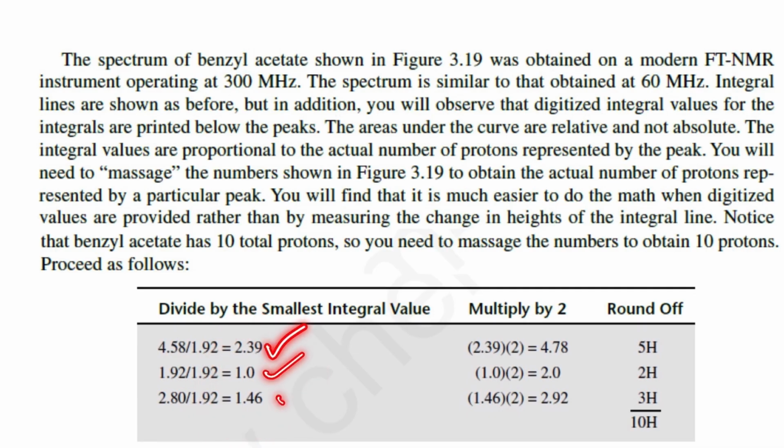So if we see here, these numbers are multiplied by a common factor of 2, so when we multiply this by 2, the answers come to 4.78, then 2 and 2.92. If we round off these figures, we have to round off 4.78 to a single figure, so the value changes to 5.